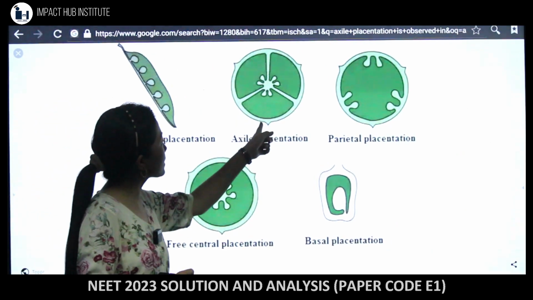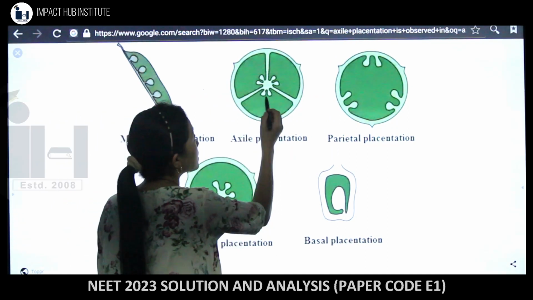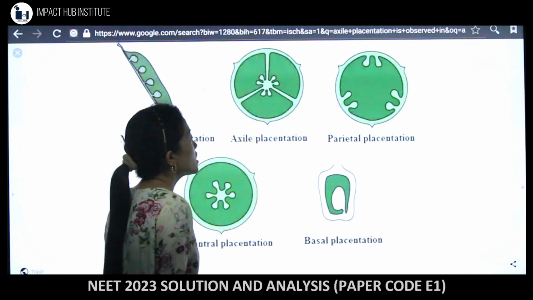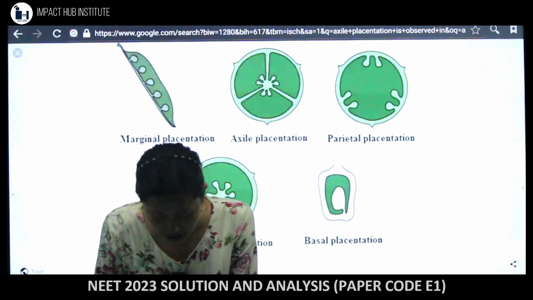This type of placentation, placentation meaning arrangement of ovules, the seeds, within the ovary, that is the fruit. So axile placentation is seen in China rose, petunia, and lemon.